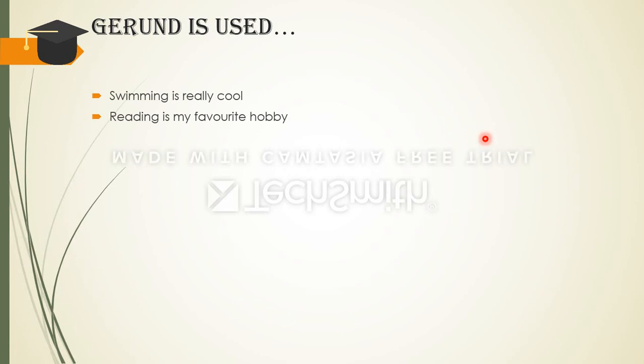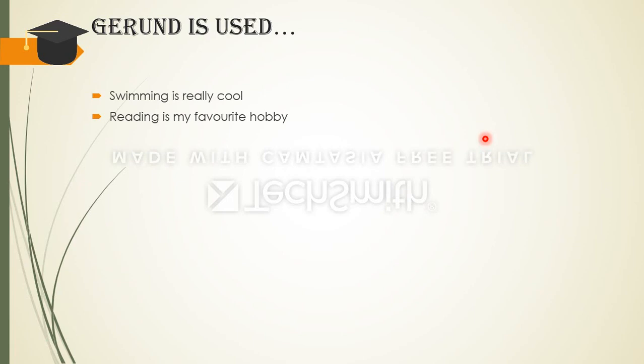So here we have moved from a verb to something else. When I speak about swimming, I'm not speaking about the verb, but about swimming in general. Here I have shifted to speak about a noun. Swimming and reading are no longer used as verbs, but as nouns.